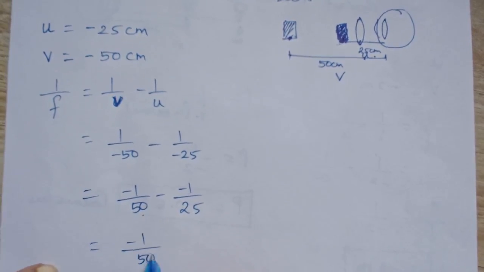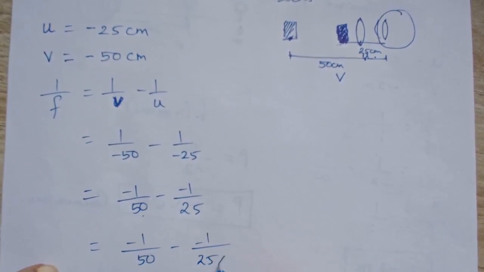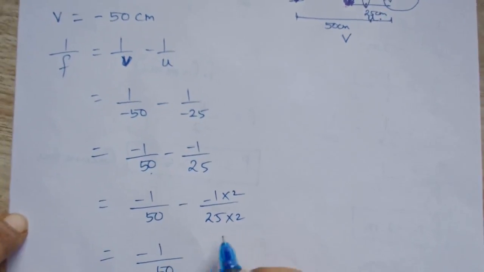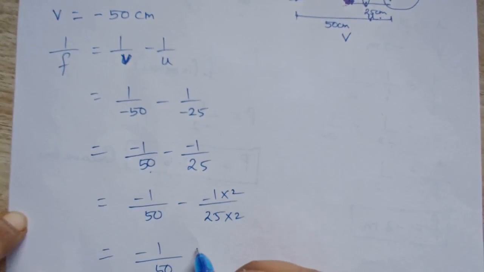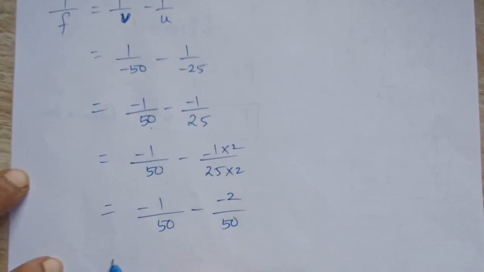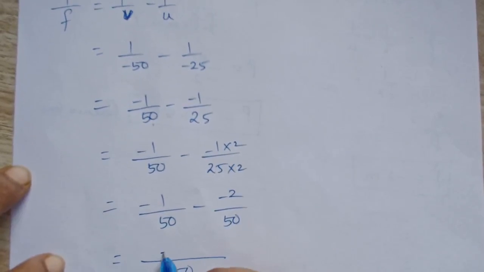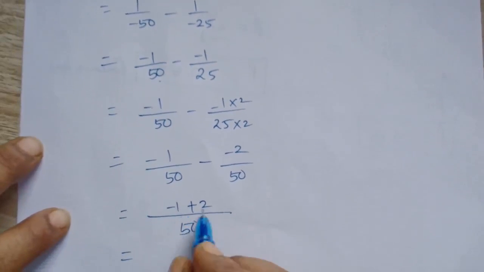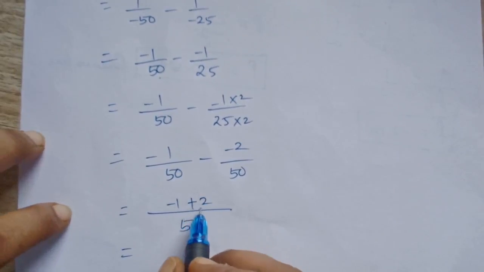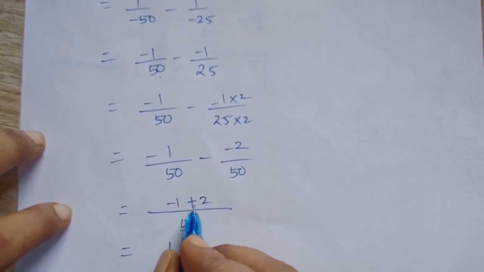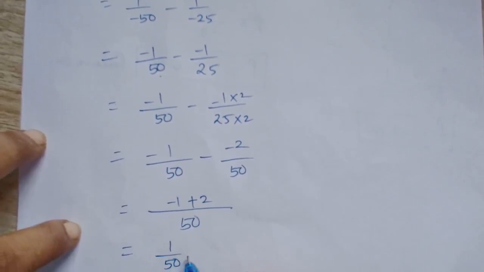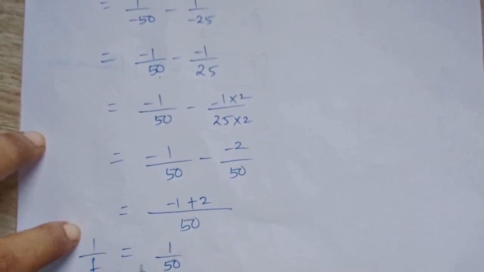So we get minus 1 by 50, minus into minus is plus, so plus 2 by 50, with common denominator 50. Here it is minus 1 plus 2, so we have to do the subtraction only. 2 minus 1 is 1, the bigger number's sign is plus, so 1 by 50. This is 1 by f equals 1 by 50.